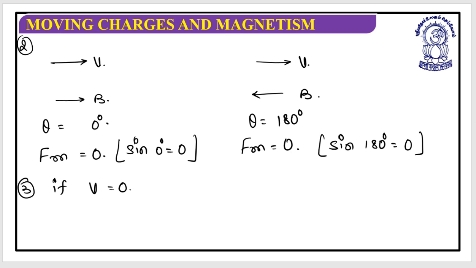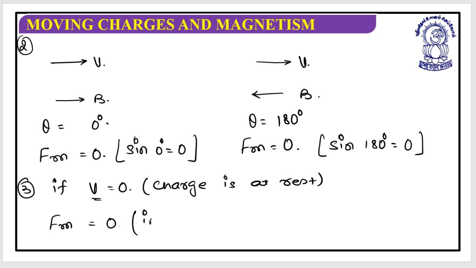A third case: if V is equal to 0, that means the charge is at rest, then the magnetic force must be equal to 0, because V is equal to 0. This is independent of the angle theta, whatever the angle theta could be.